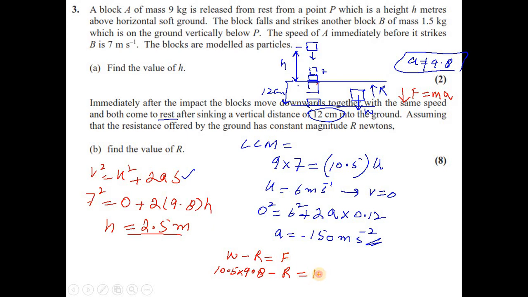So ma is 10.5 times a, where a is minus 150. Then you can solve this equation for R. So R would be equal to 1677.9 newtons, or you round it off, R is equal to 1680 newtons. This is the constant resistance force.